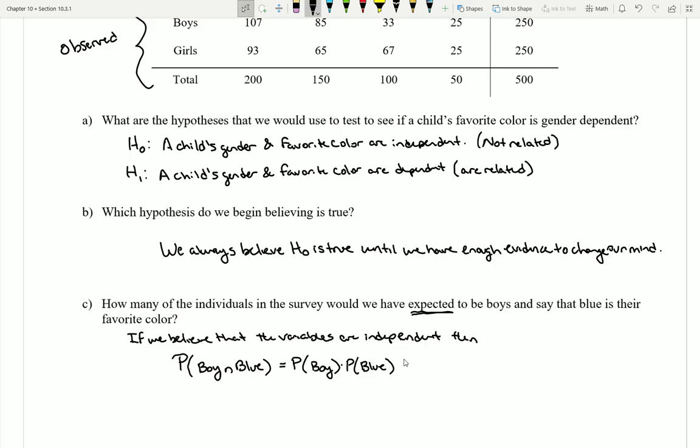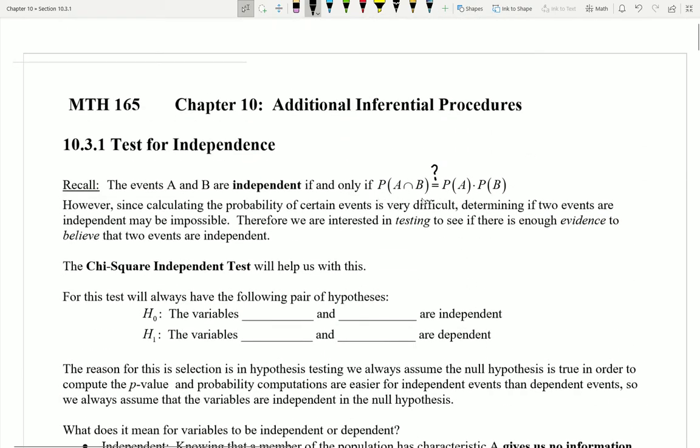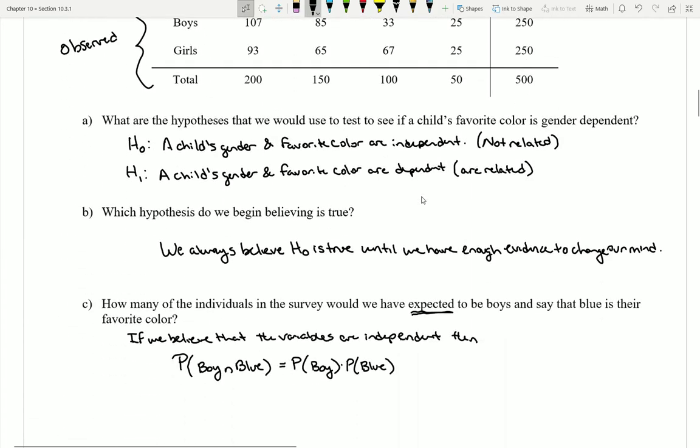That is, I'm just using that formula that we had when we said that two variables were independent.